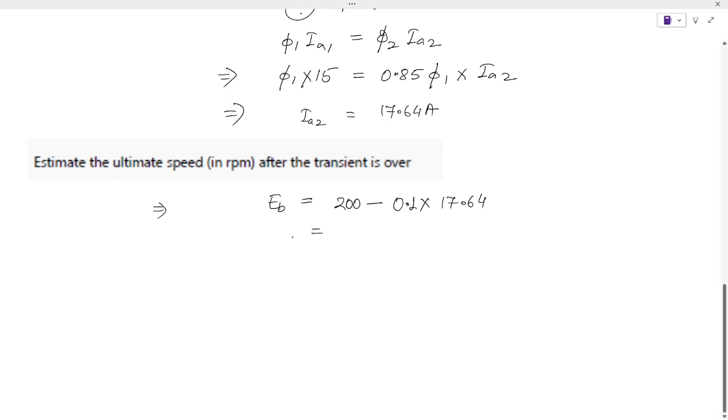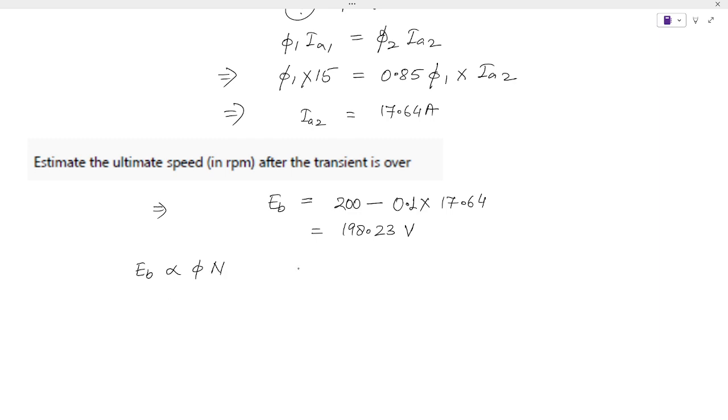What is EB now, when the transients are over? The value of EB is 198.23 volts. Okay.